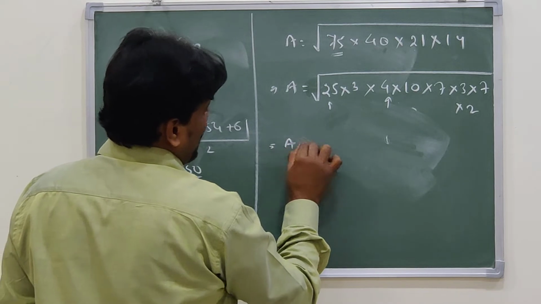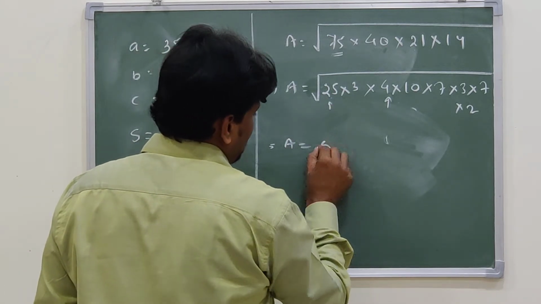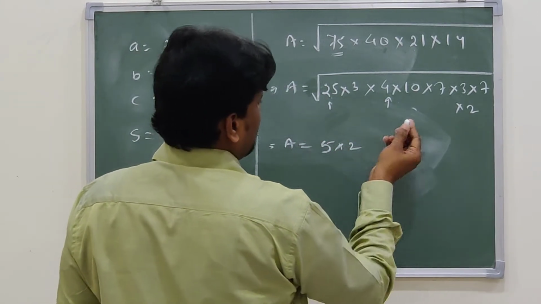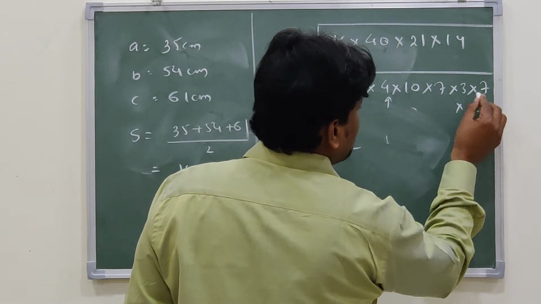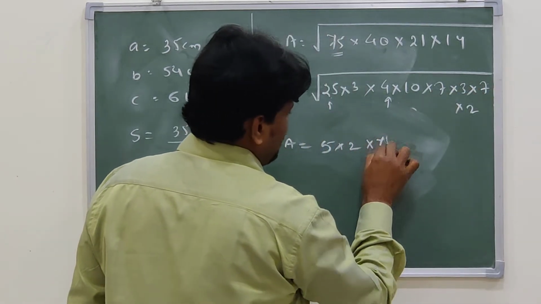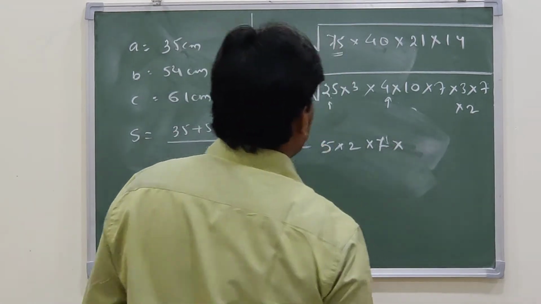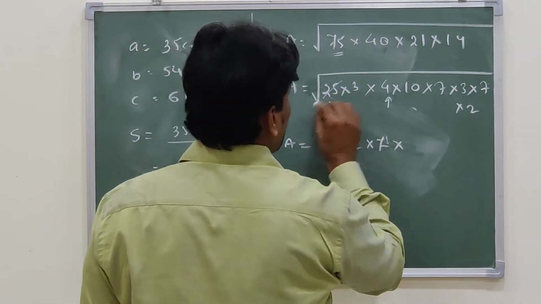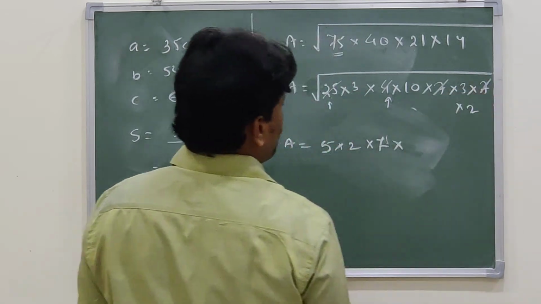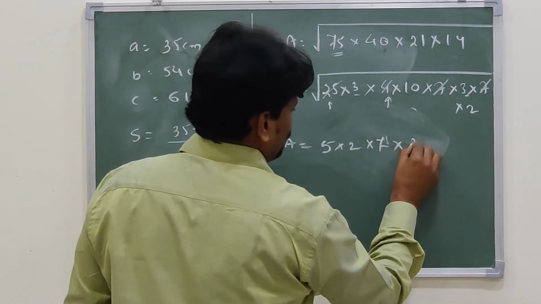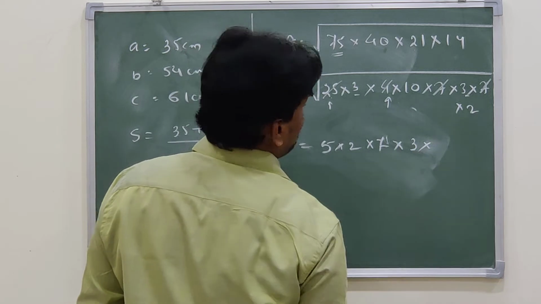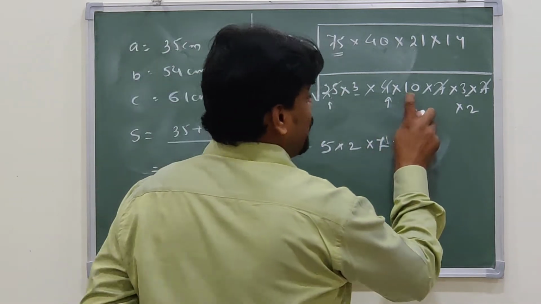Now take out the square numbers in pairs. So 25 is 5, 4 is 2. Then you have what? 7 one pair, so 7 is out. Then I believe, is there anything else left? 25 is gone, 4 is gone, 7 is gone. 3 is also a pair, so 3 is out. But 2 and 10, 10 can be 2 into 5.